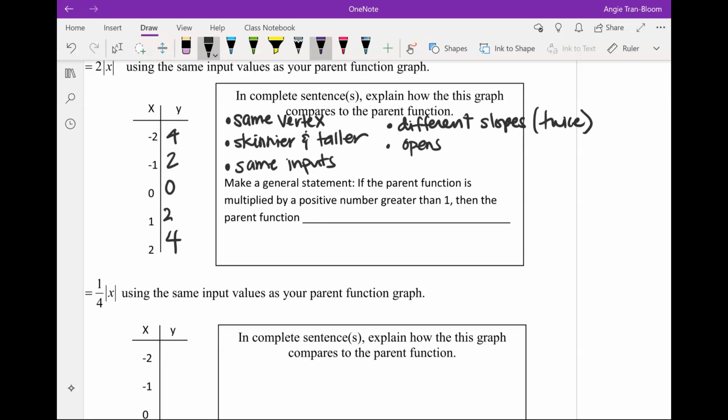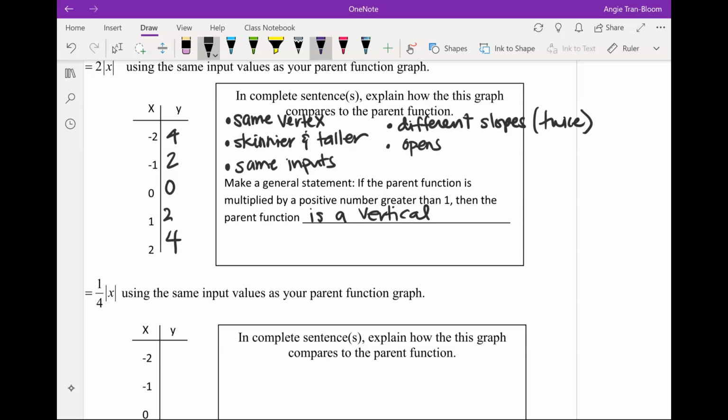Is that vertical or horizontal? It's a vertical. And because the question said, oh, y value got twice as much, is that a stretch or a compression? It's a stretch. So guess what? Make a general statement. If the parent function is multiplied by a number that's positive, that's bigger than 1, then the parent function is stretched vertically.